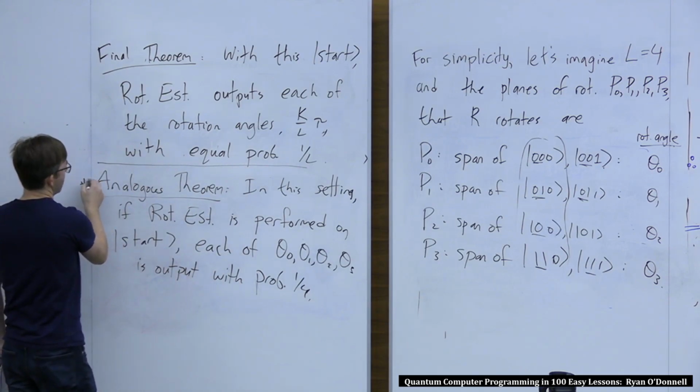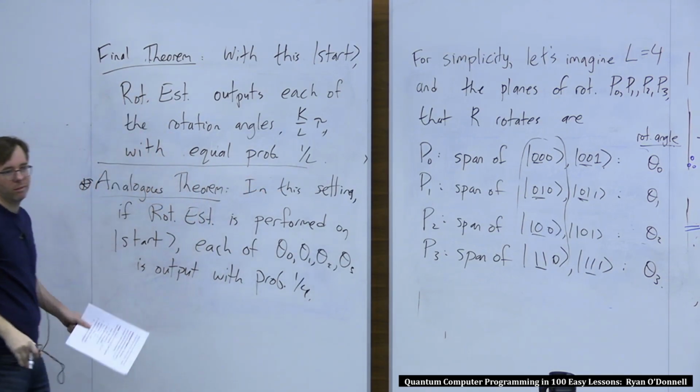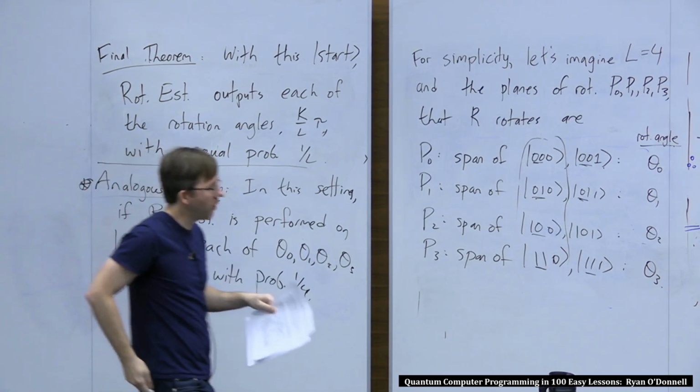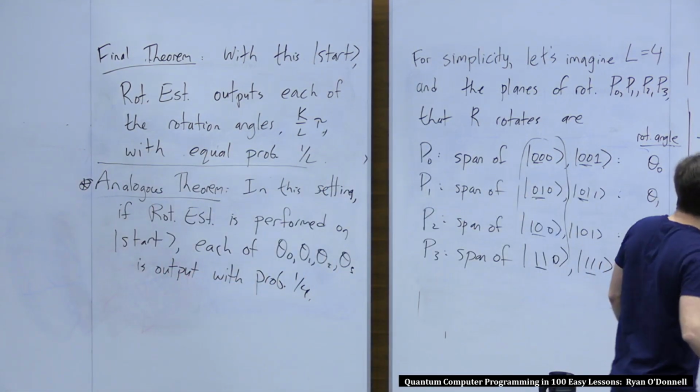Okay, so we're just going to prove this in this setting, and that will convince us of the first thing. And once we do that, we'll finally pat ourselves on the back and have factored.